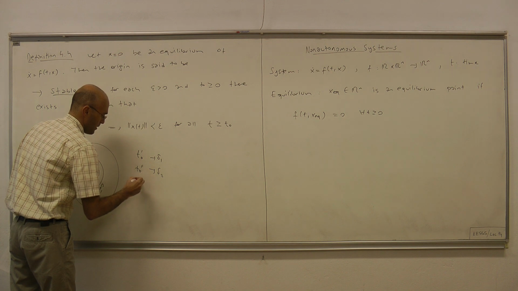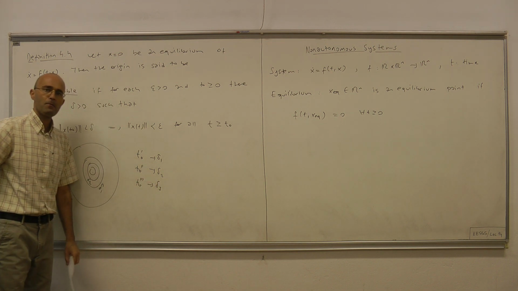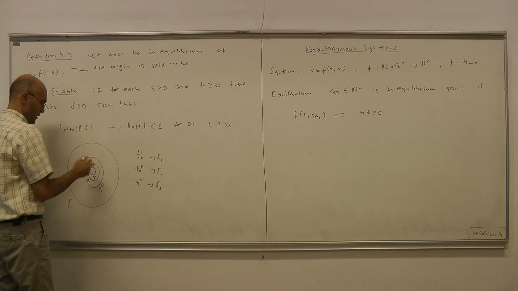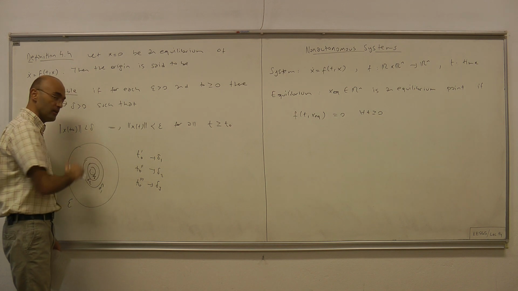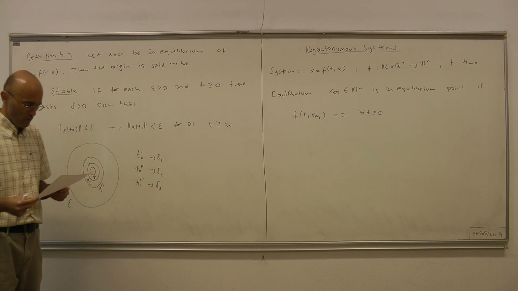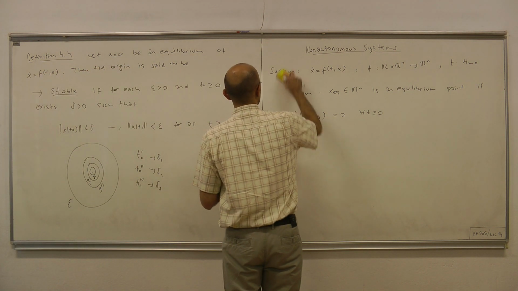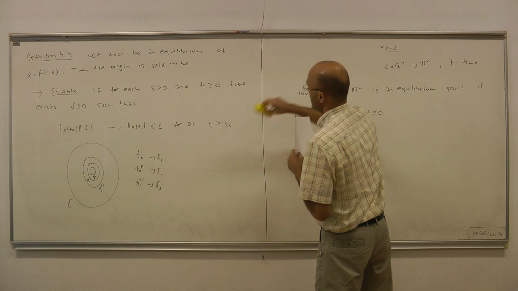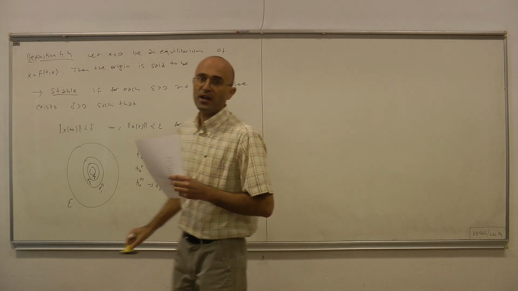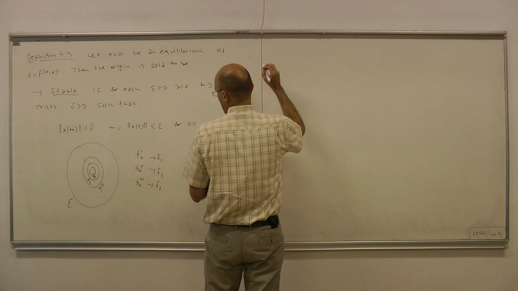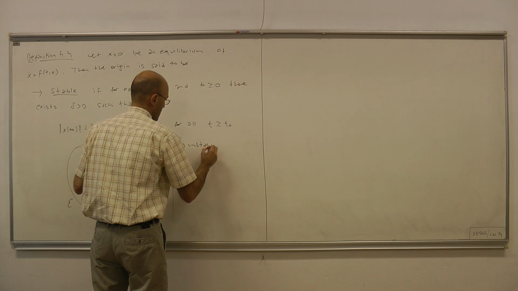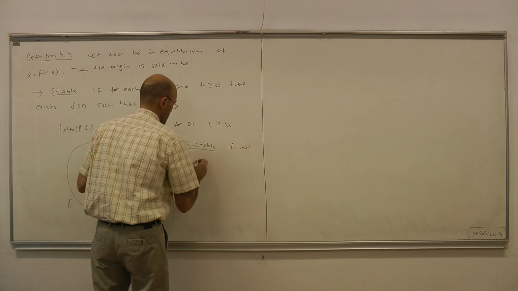And for some other initial time, delta should be chosen even smaller, delta 3, so that starting from the delta 3 neighborhood, we never leave the epsilon ball, and so on. Okay. So that's the definition of stability. And if that condition is not satisfied, then the origin is said to be unstable. Not surprising. Okay, unstable if not stable.